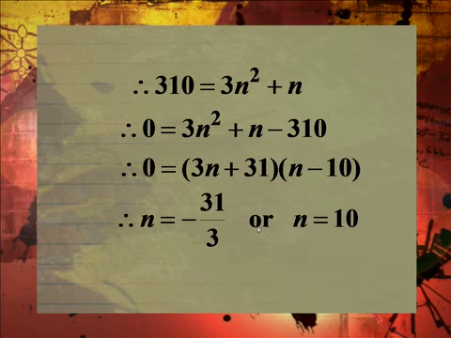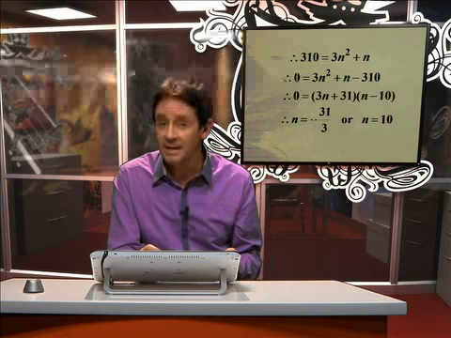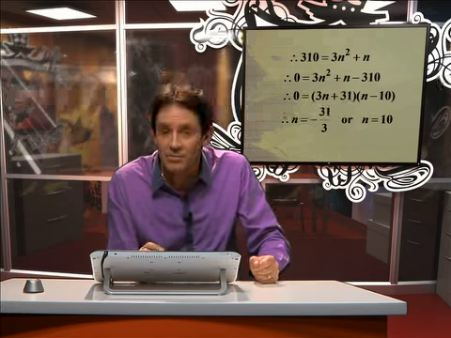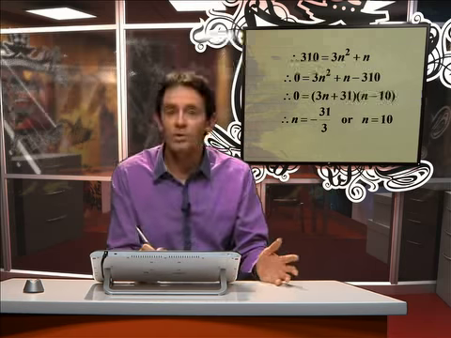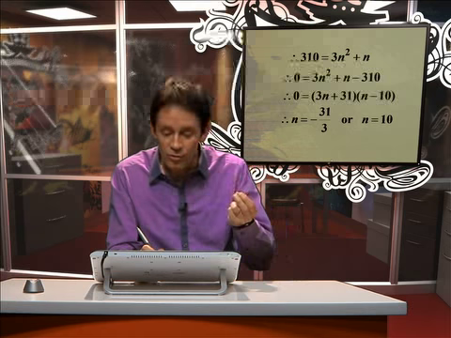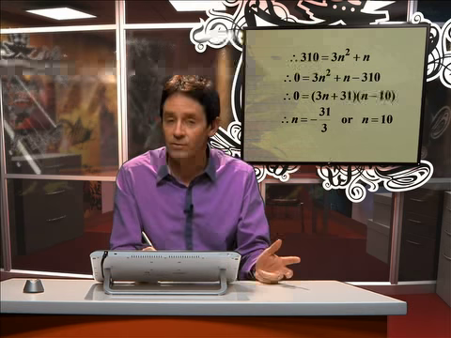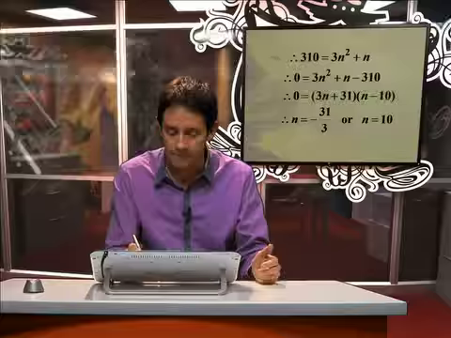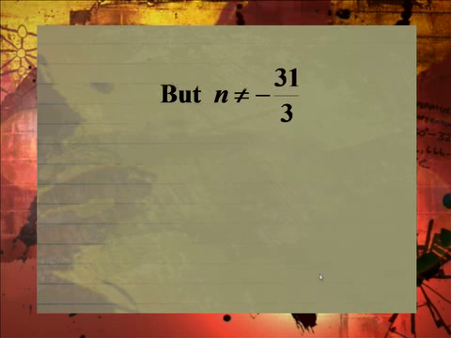And, of course, we then have n is equal to minus 31 over 3, or n is equal to 10. But now, hang on. Your n cannot be negative, and it most definitely cannot be a fraction. So we're going to exclude the negative or fraction value.